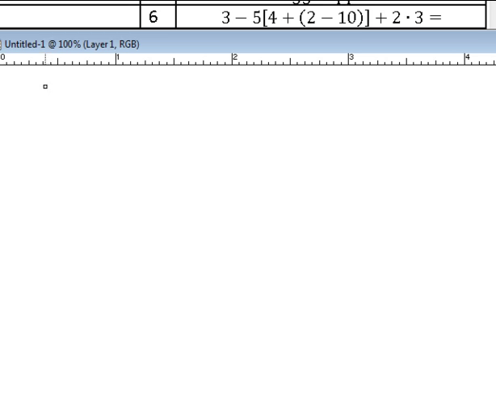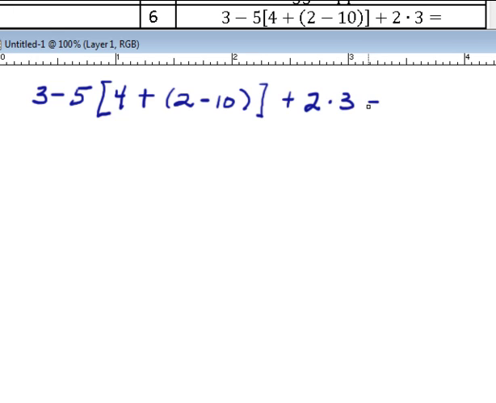In number 6, we have to evaluate an expression using the order of operations. So let's just rewrite that. We'll start with the innermost parentheses. 2 minus 10, that's negative 8. And then continuing in the brackets, 4 plus negative 8 is negative 4.